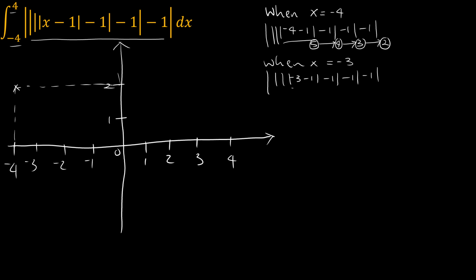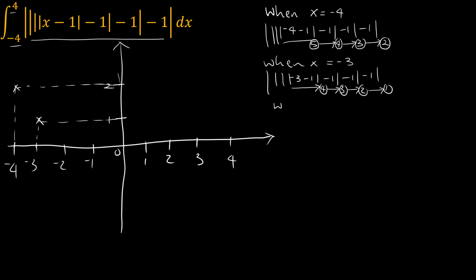So from here to here, we have here we're going to 3. To here we're going to 2. And here we're going to 1. And so this is what we have here.